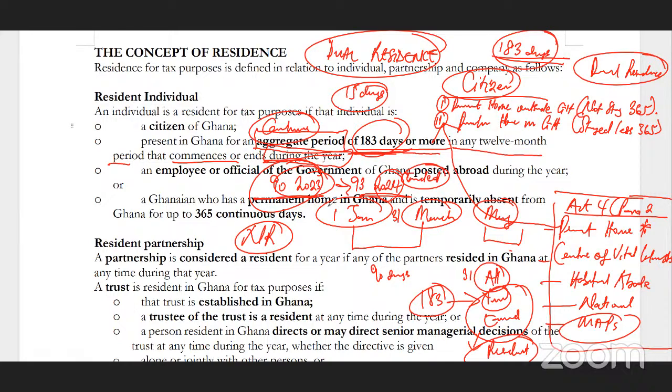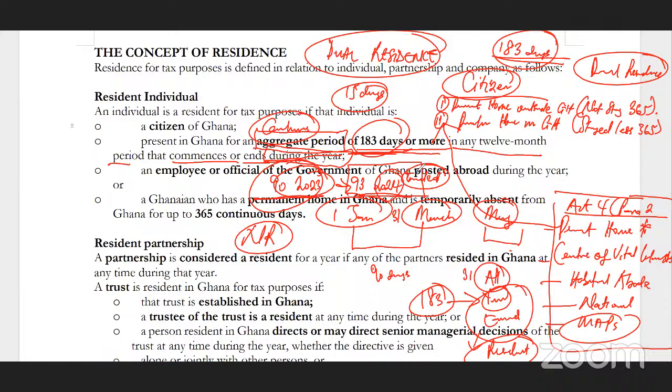So it commences or ends. So I'm saying that this one ended in 2024. If it ended in 2024, that is what we are using for the assessment, counting from here to where it ended in the particular year. That's why it doesn't say 'commences and ends'. It says 'commences or ends'. So we can either use the end or the beginning to signify where we are going to determine your residence.